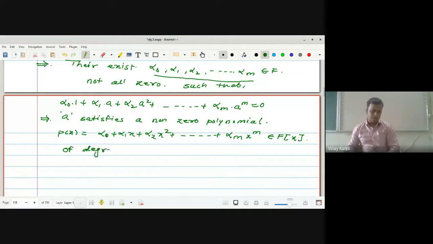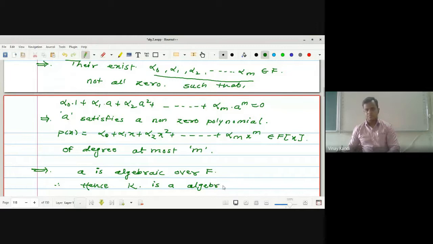So this implies A is algebraic over F. Okay, therefore, hence capital K is an algebraic extension of F.